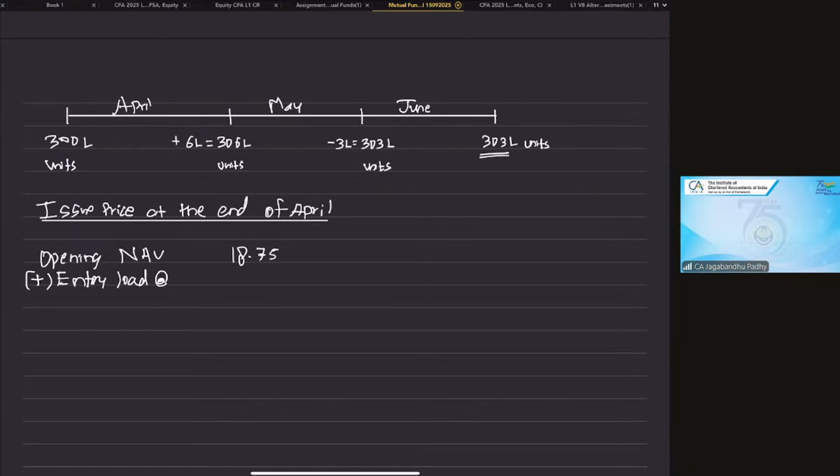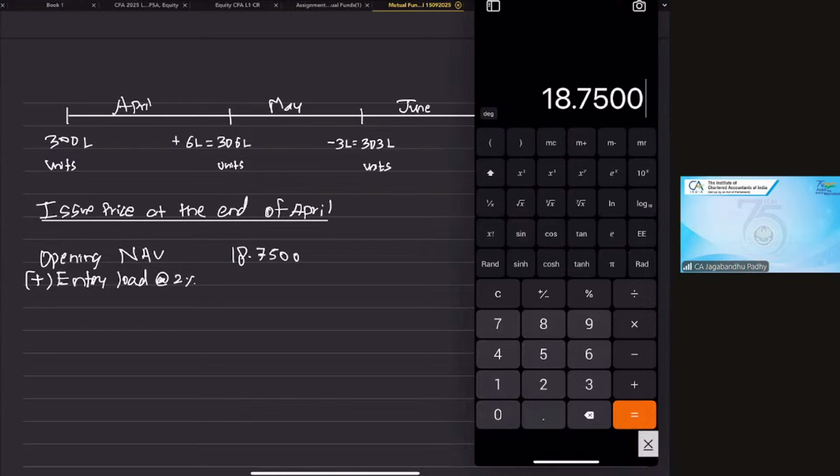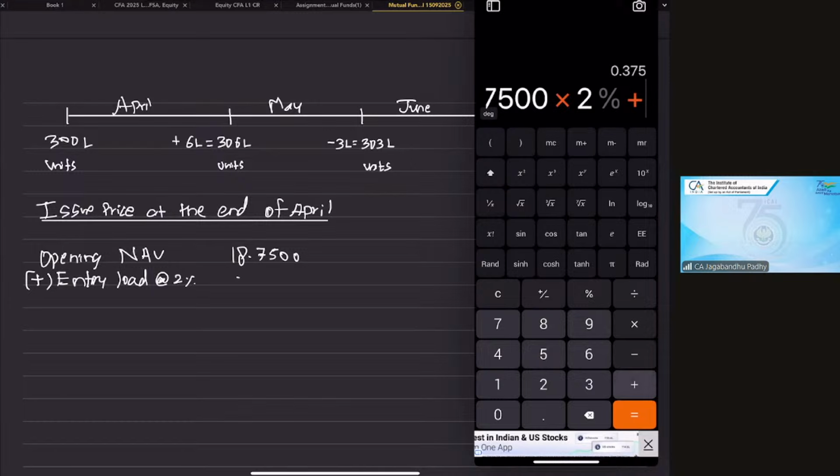But in April, the new units are issued, right? So entry load at the rate of 2%: 18.75 into 2%, which is 0.375.